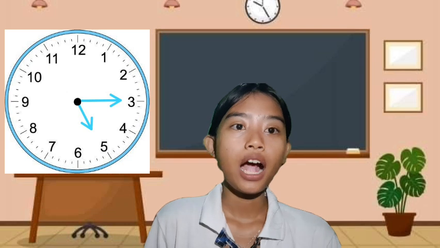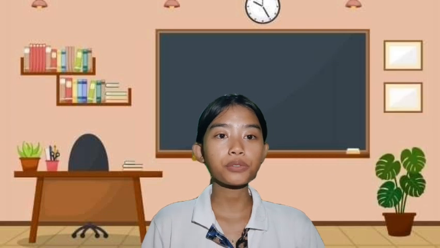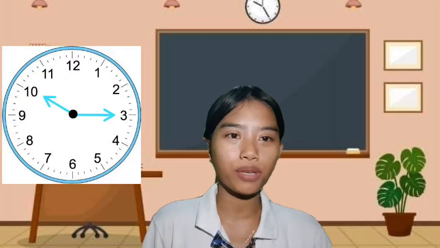Next example, when the big hand is on 3 and the small hand is on 6, it is quarter past 6. Okay, for the next example, when the big hand is on 3 and the small hand is on 10, it is quarter past 10. Okay, I think you understand, my students.